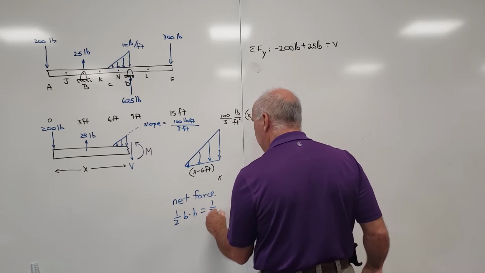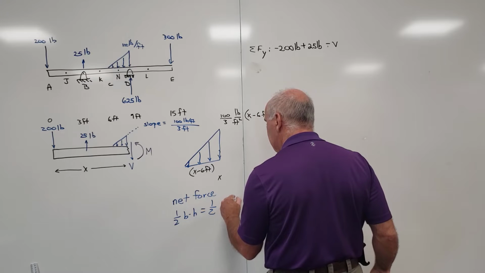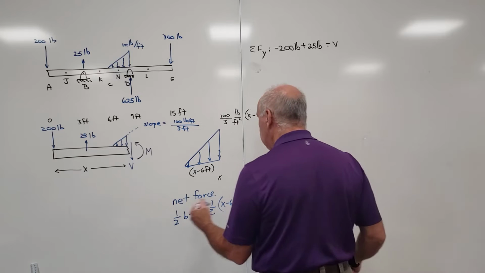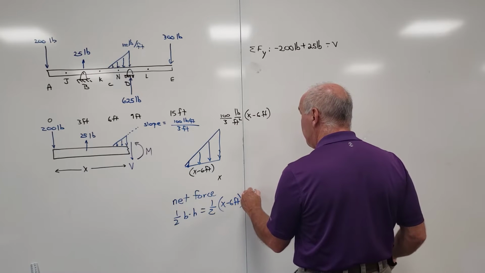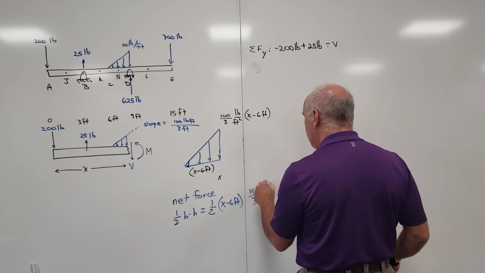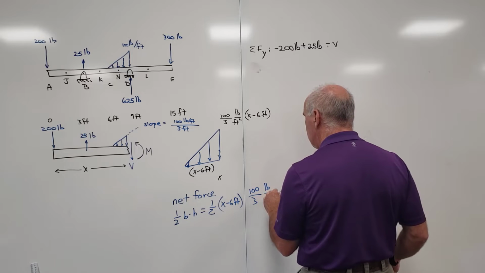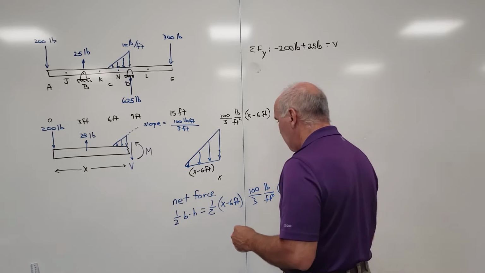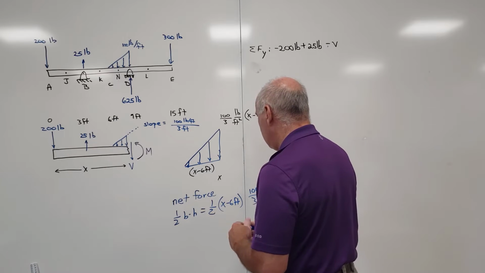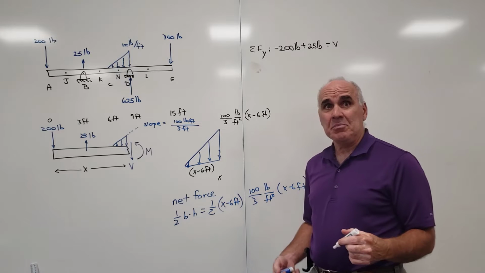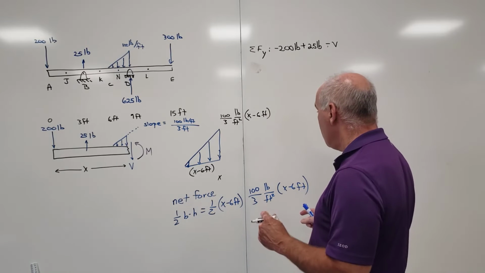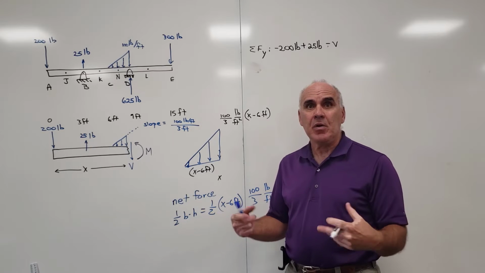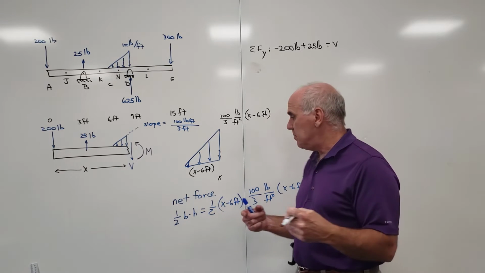The base is X minus 6 feet, and the height is 100 over 3 pounds per square foot times X minus 6 feet. This is very unpleasant, isn't it?